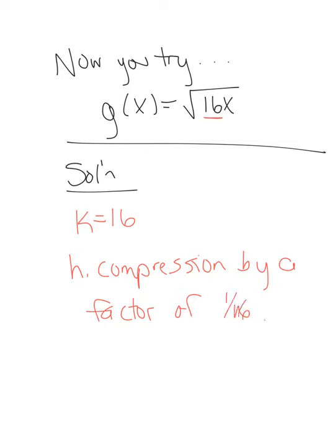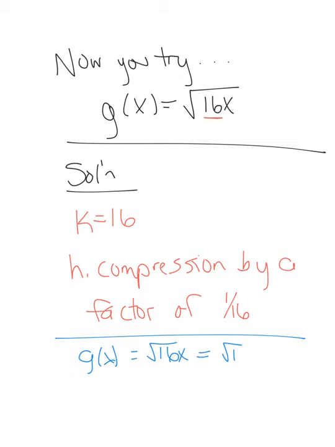Now, what might not be as obvious would be to somehow try and come up with an a. So I know that if I have g of x is equal to root 16x, I can rewrite that as root 16 times root x. We know this about radicals, that we can separate it like this.